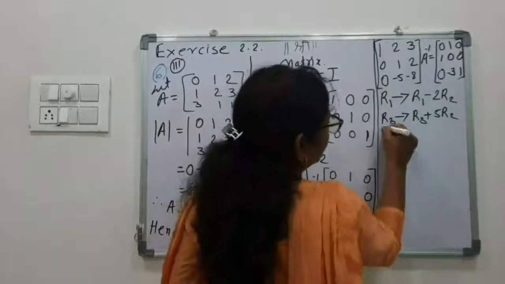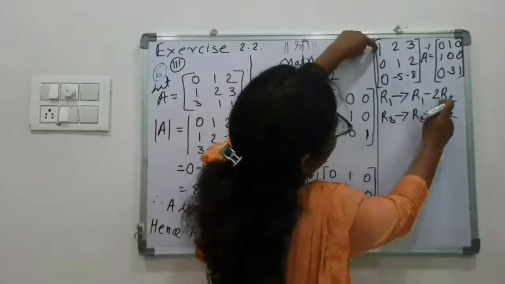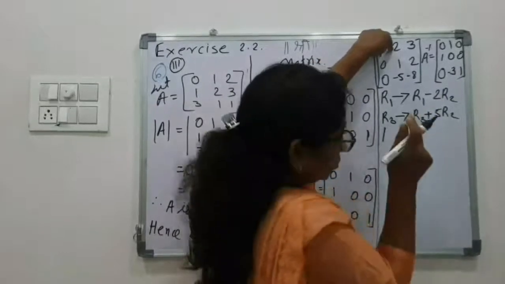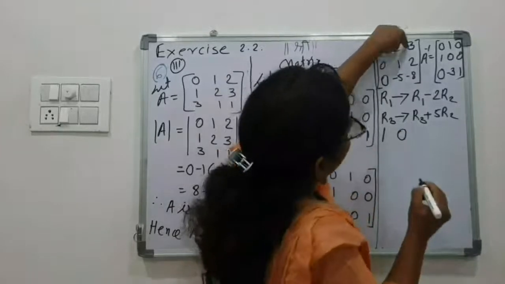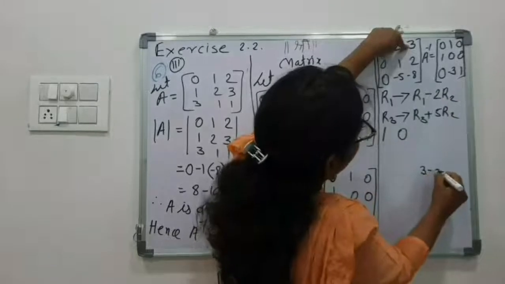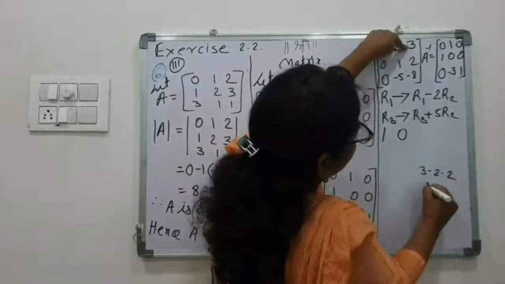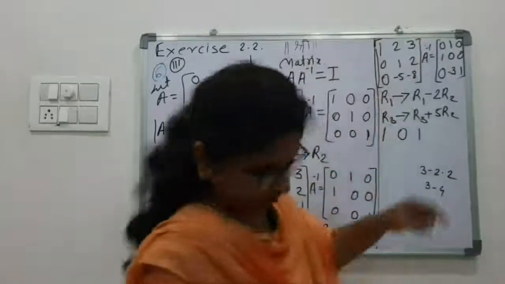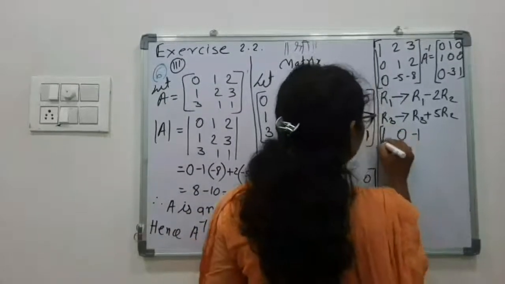So R1 here, see, 1 minus 2 into R2 is 0. So 1 as it is. Here 2, for 0 only we are doing for this place, so 0. Now 3 minus 2 R2 is 2. Means 3 minus 4, that is minus 1.